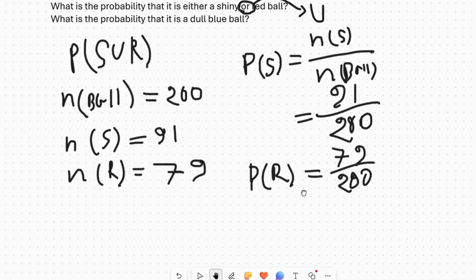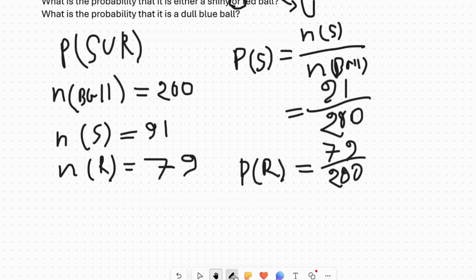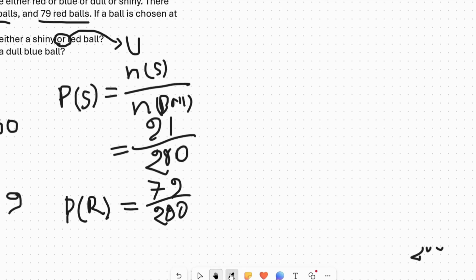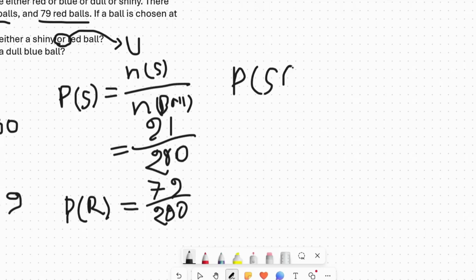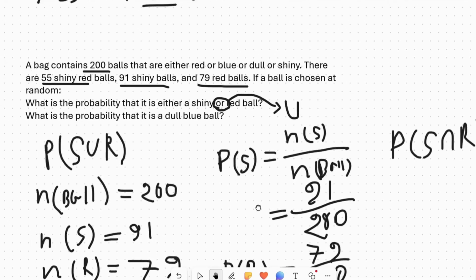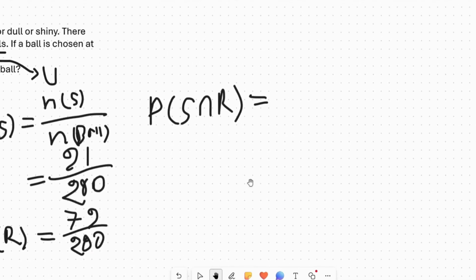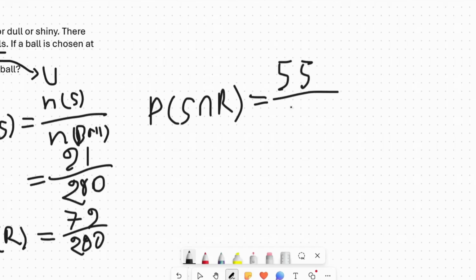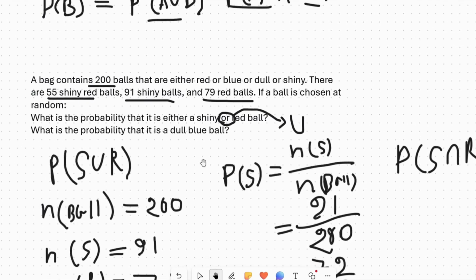Then we have to find another probability: probability of S shiny intersection red, which, let's see the value, is 55. So this is 55 divided by 200. So these are all the values we require to solve this one.